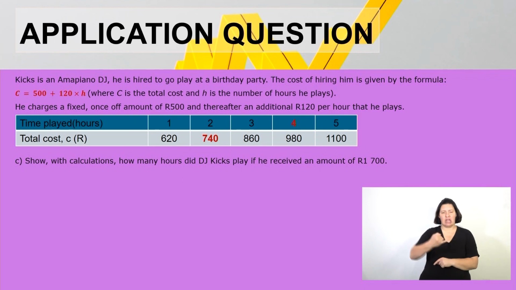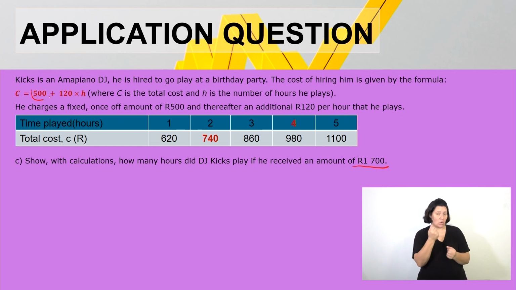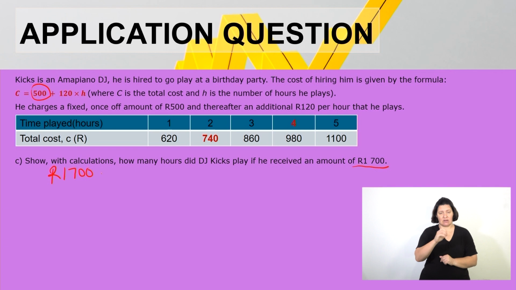Show with calculations how many hours DJ Kix played if he received 1,700. Remember, the 1,700 includes the fixed amount of 500. So we therefore need to subtract or remove that from the 1,700 first. So we're going to say 1,700 minus the fixed amount of 500. We are getting 1,200.